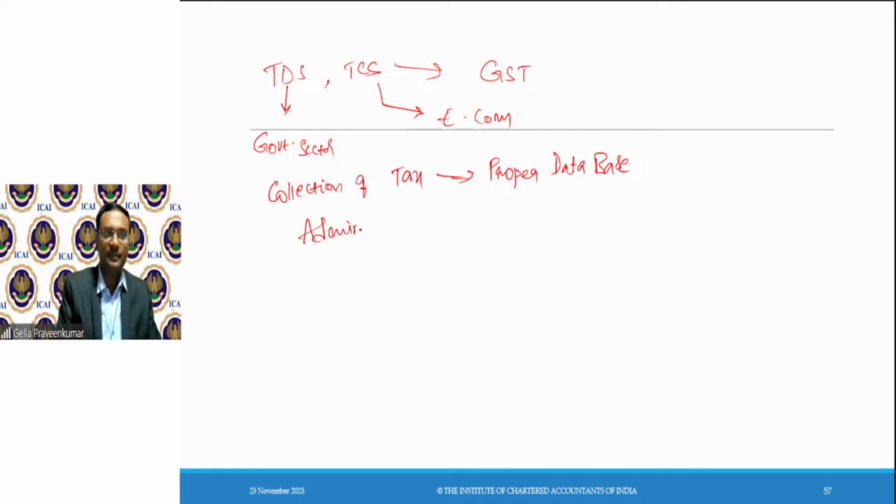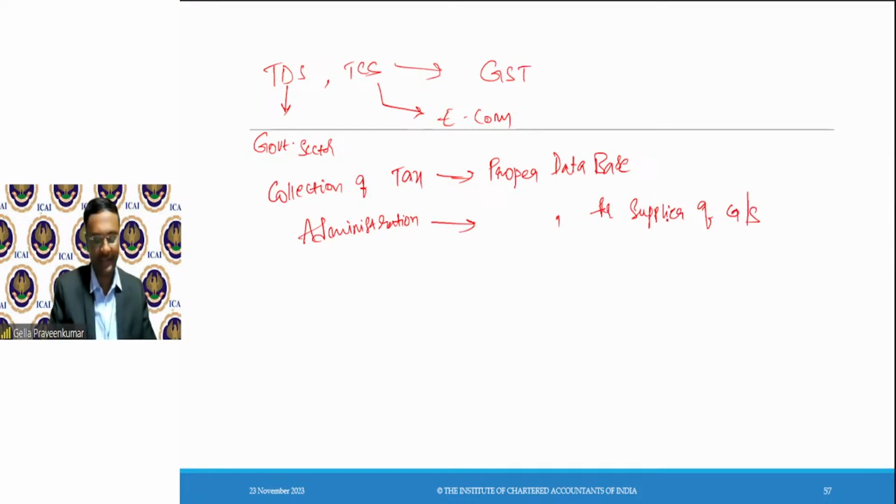Administration is possible when there is proper data for the supplier of goods or services. Please remember, under GST, the payment of tax is on a self-assessment basis.